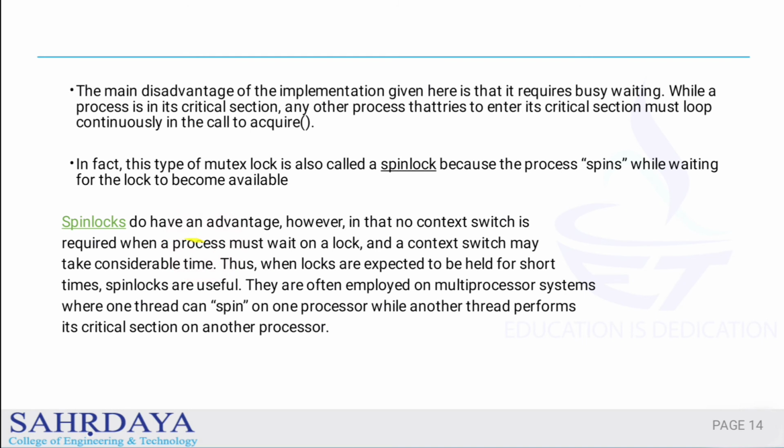Spin locks do have an advantage. No context switch is required when a process must wait on a lock, and a context switch may take considerable time. Thus, when locks are expected to be held for short times, spin locks are useful.